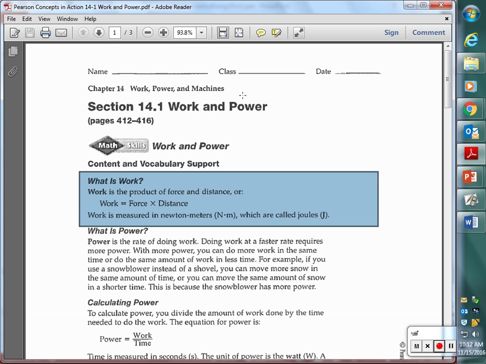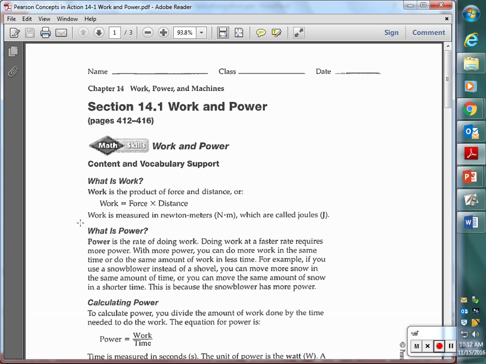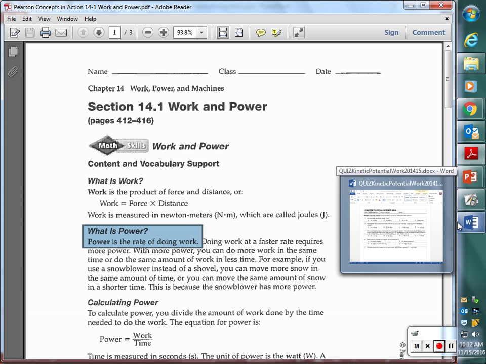Conceptually, we learned that work is a change in the energy. But a lot of times when we look at measuring work, we're not only concerned about how much the energy changes, but how quickly the energy changes. And that gets us into power. As you can see here on the front page, the first sentence right here, power is the rate of doing work.